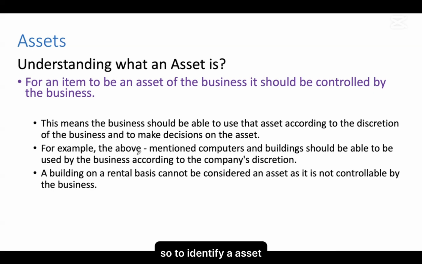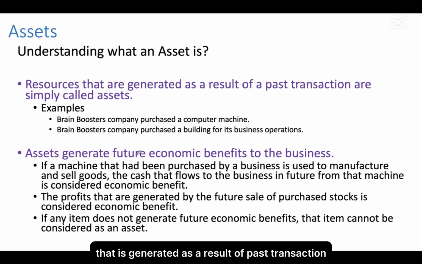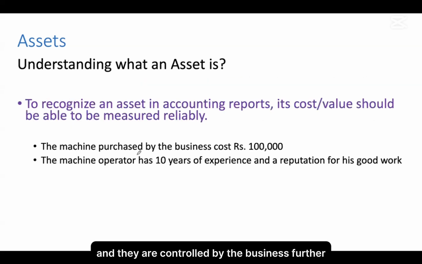So to identify an asset, there are several characteristics. A resource generated as a result of a past transaction. Assets generate future economic benefits, and they are controlled by the business.